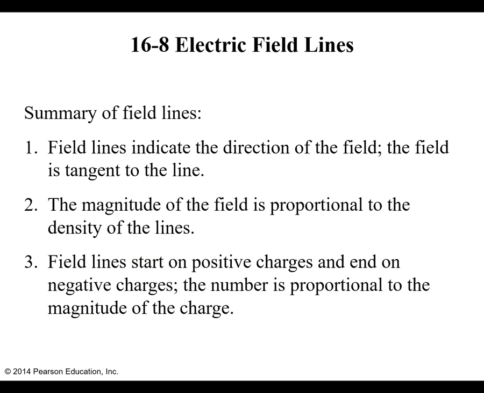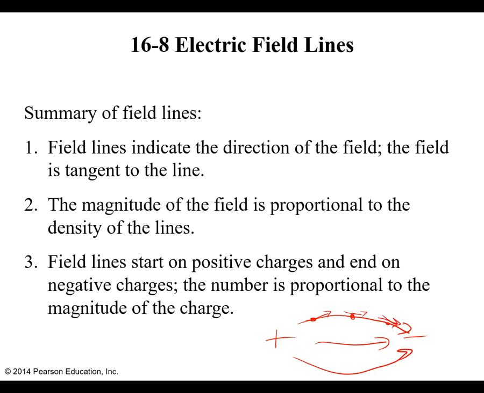Okay, so field lines indicate the direction of the field, and the field is always tangent to the line. And by that I mean if you have a positive charge and a negative here, at any one point, the electric field is going to be tangent to the line at that point.